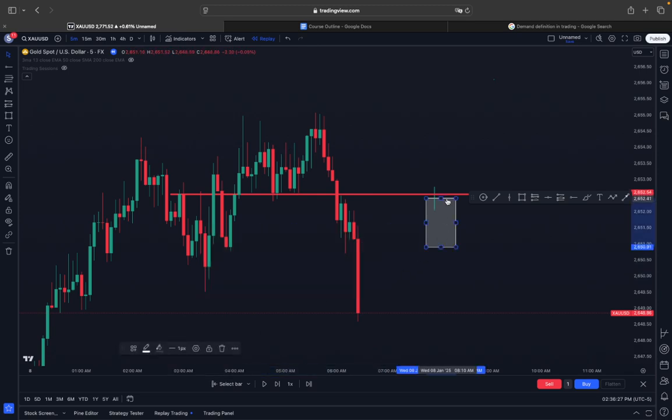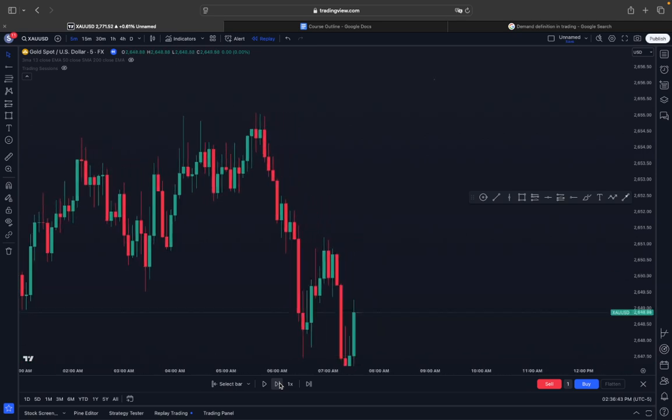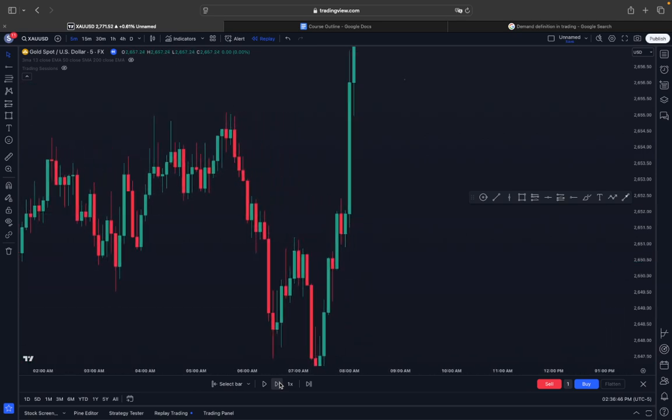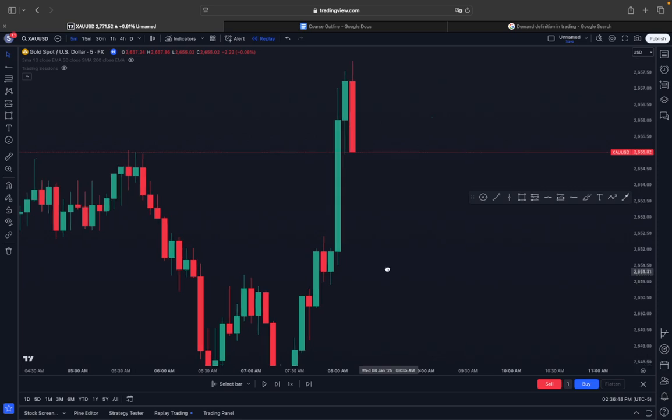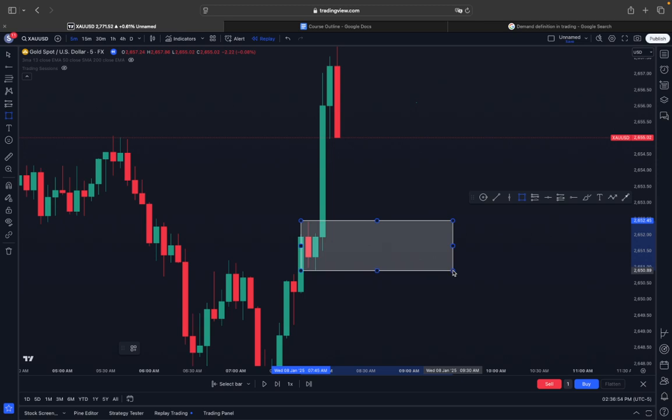So let's go back to our example over here. All right, we got our bullish. Boom. So that's why our zone is valid, because you got no wicks in the way after this.